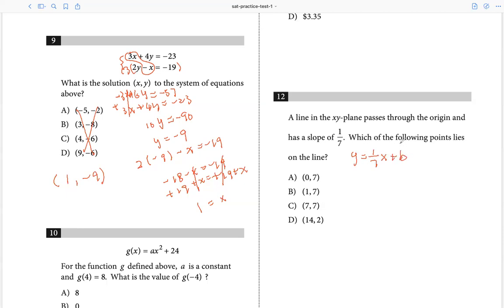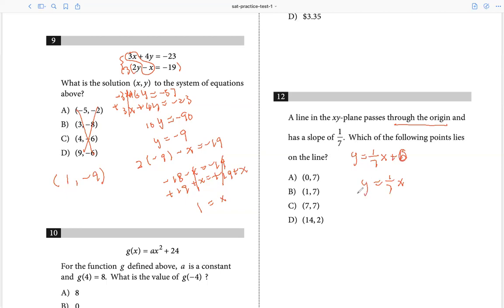So the question is, which of the following points lie on the line? Going through the origin means b is 0. So the equation is y equals 1/7x, right? Because when x is 0, y is 0. So b is 0.